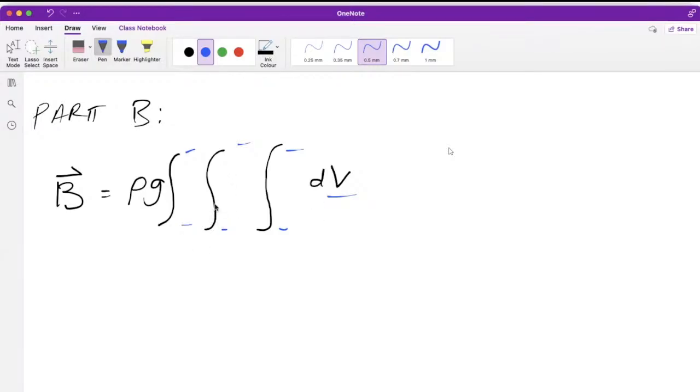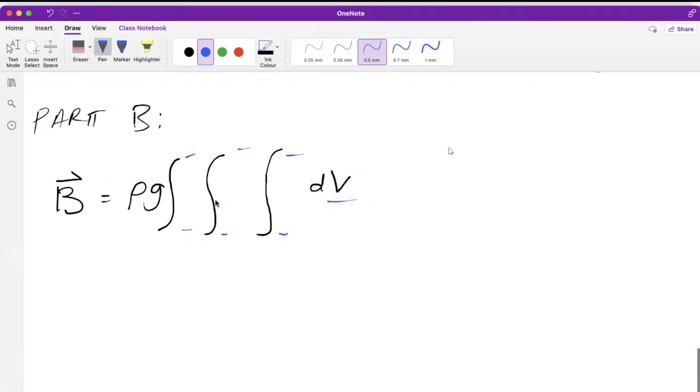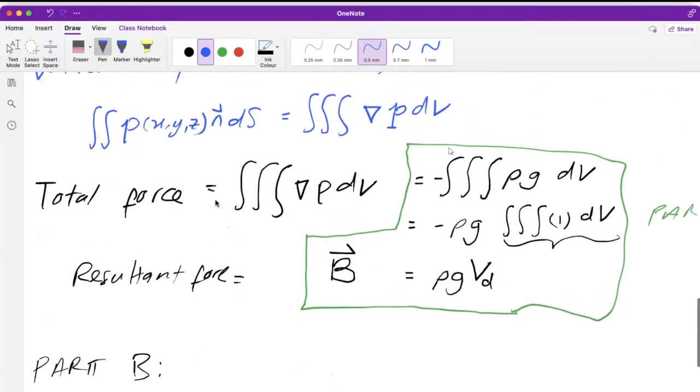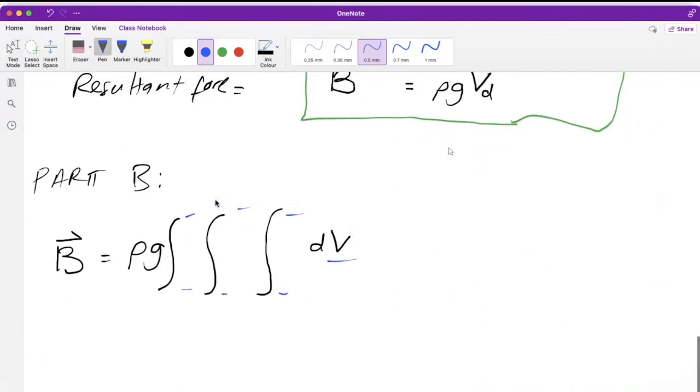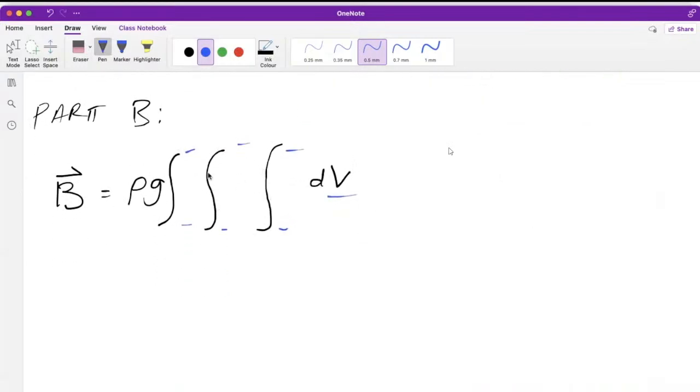We are going to evaluate the volume. So this whole thing is, as I mentioned, the volume of displaced fluid here.